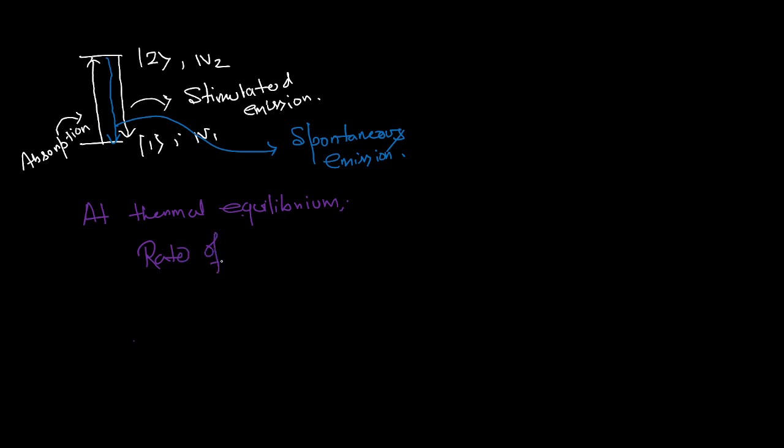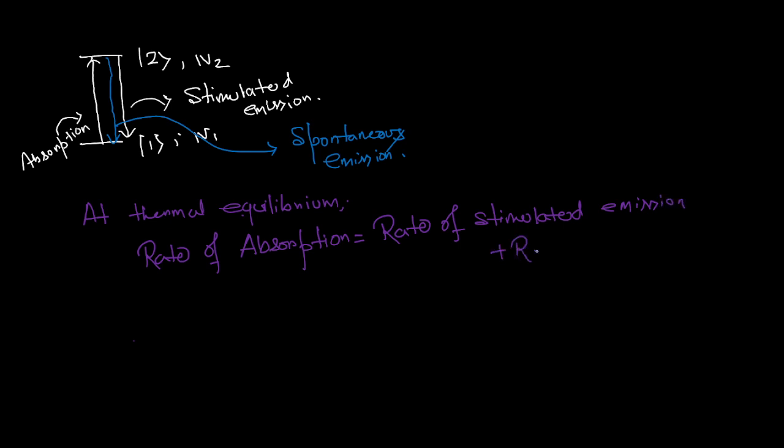The rate of absorption can be written as the summation of two different emissions: the rate of stimulated emission plus the rate of spontaneous emission.